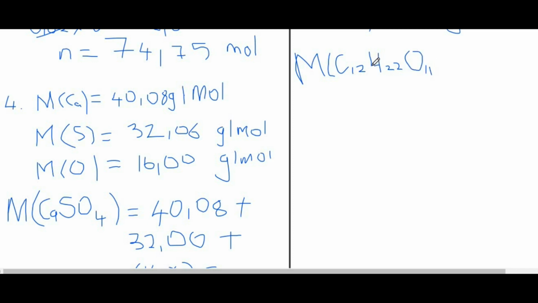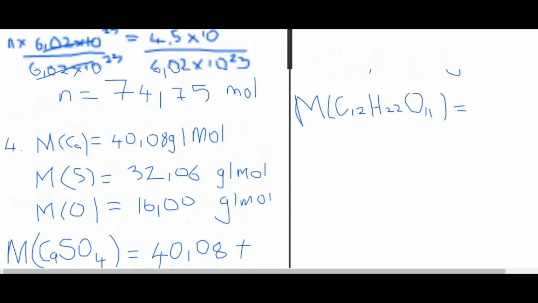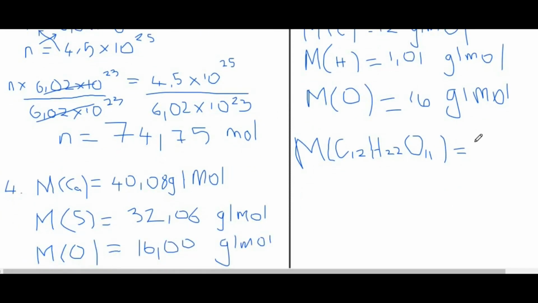Then you say, how much is that? It means that I'm going to open a bracket and say, the molar mass of carbon is 12, but how many carbons do you have? Because of the subscript, it's 12 as well, so it's 12 times 12.